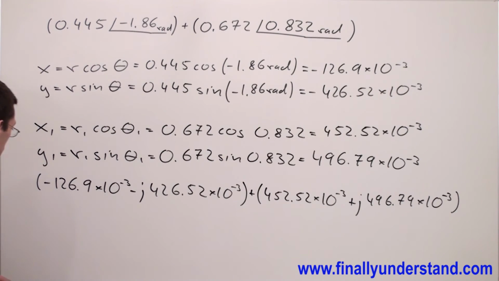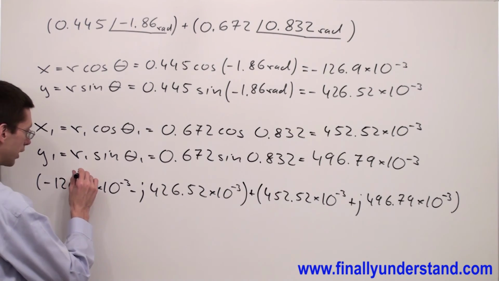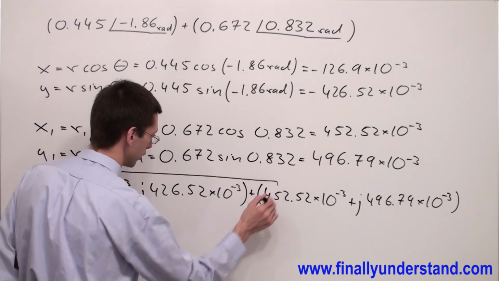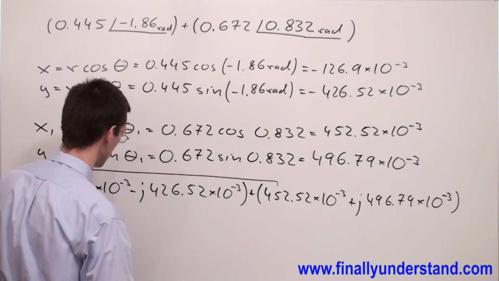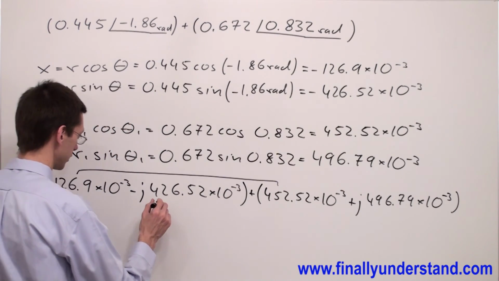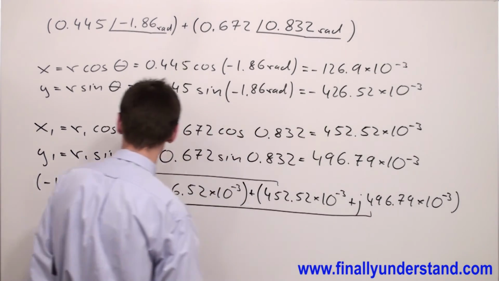So what we are going to do is take off the parentheses and combine the like terms. I'm going to combine negative 126.9 with 452.52, and the j's are also going to combine together.